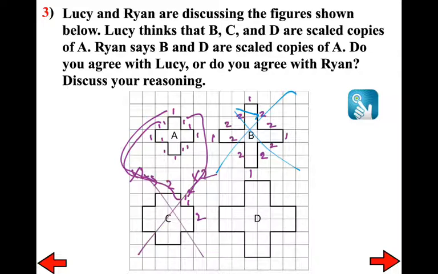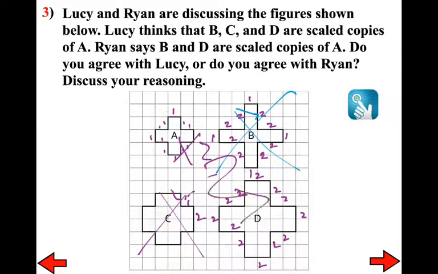So C also cannot be. And now let's try D. 2, 2, 2, 2, 2, 2, 2, 2, 2, 2, 2, 2. So it looks to me like if you multiply each of these side lengths by 2, you get all of these down there. So D is the only figure that is a scale copy.